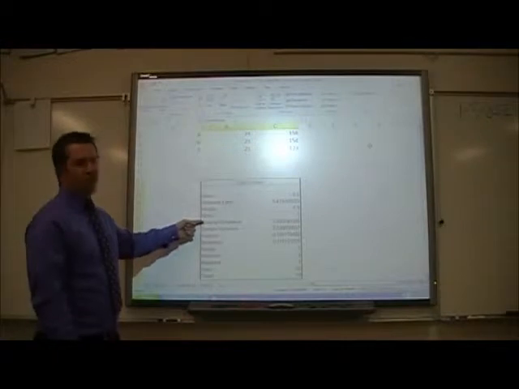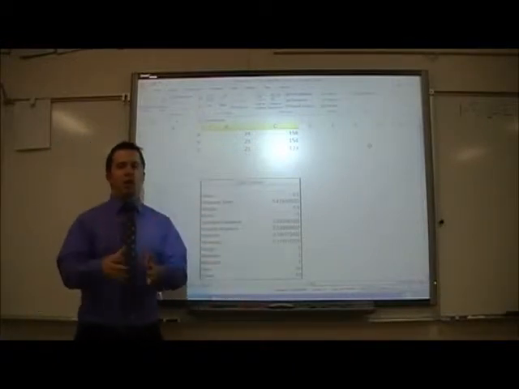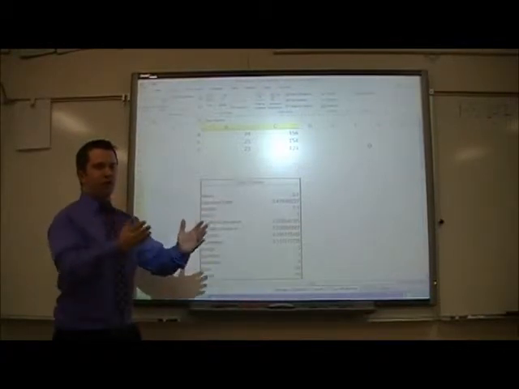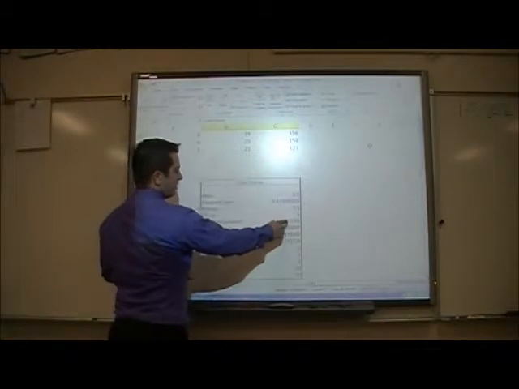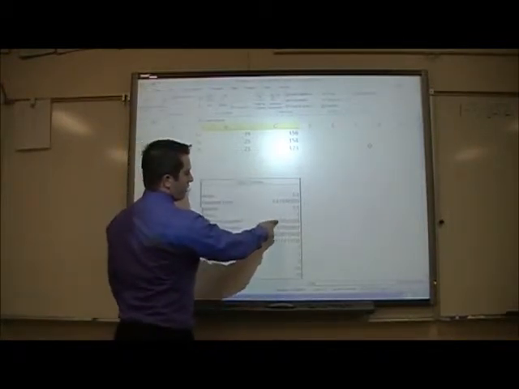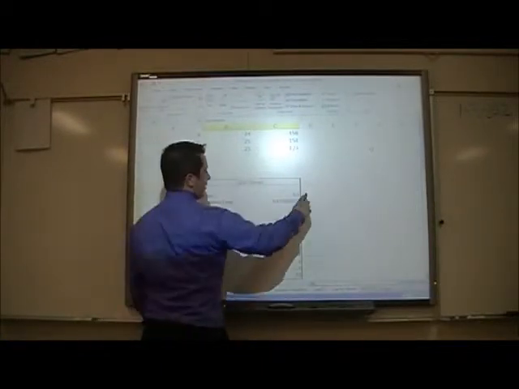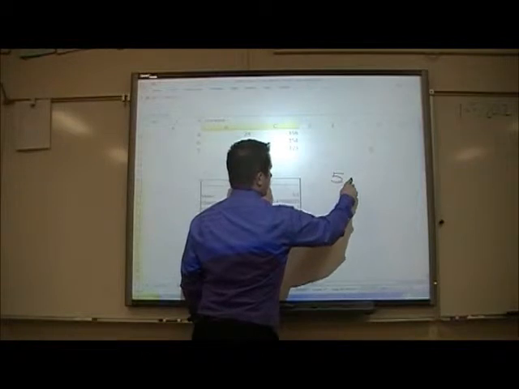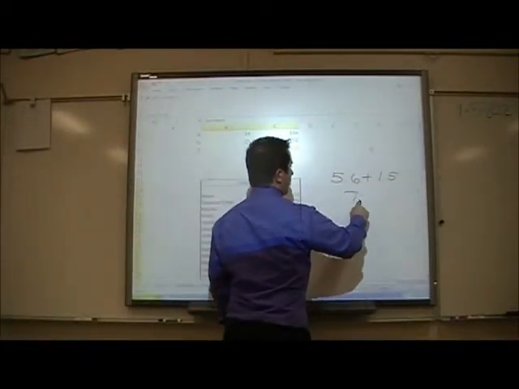Notice my standard deviation. That's how spread out things are. Once we get into normal curves, you'll understand what one standard deviation away from the mean means. But we're saying that 66% of our data is plus or minus 1.5 points from our mean. So if we take 5.6 and add 1.5, I'm going to get 7.1.